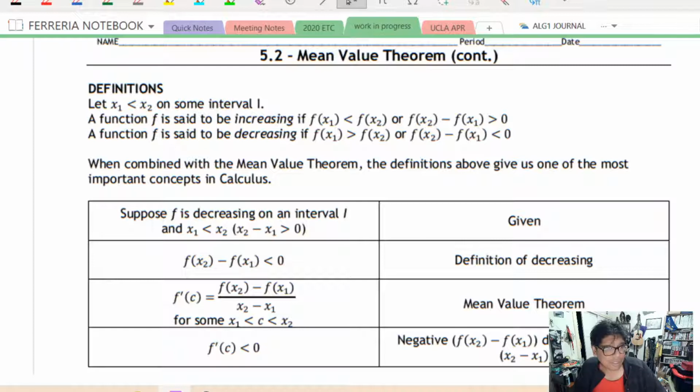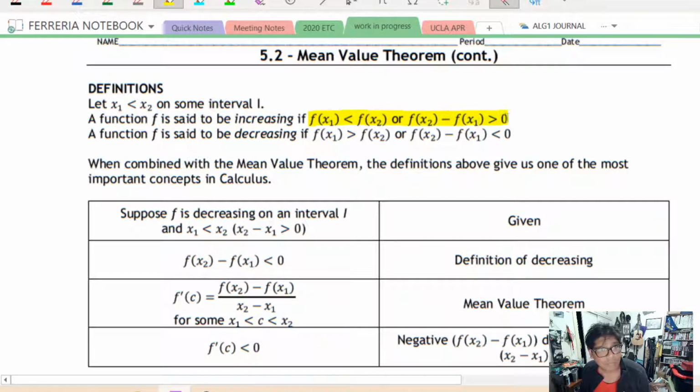But increasing says that if f of x1 is less than f of x2, which is the same thing as saying f of x2 minus f of x1 is greater than 0, that means that the function is said to be increasing. So let's remember that little bit right there. This is the definition of increasing. Okay, f of x2 minus f of x1 is greater than 0.